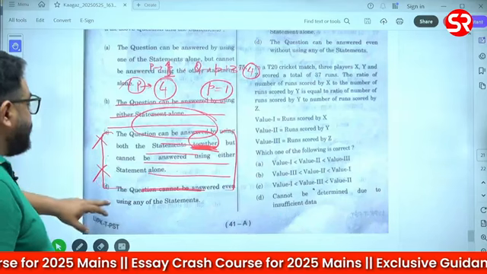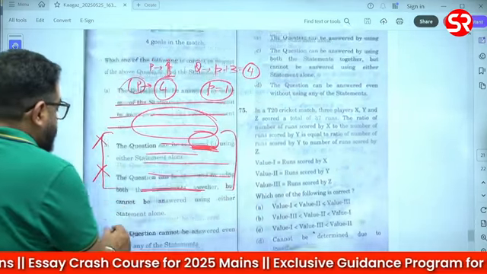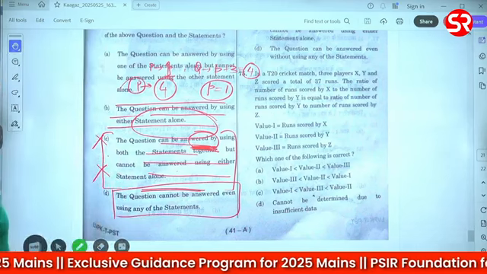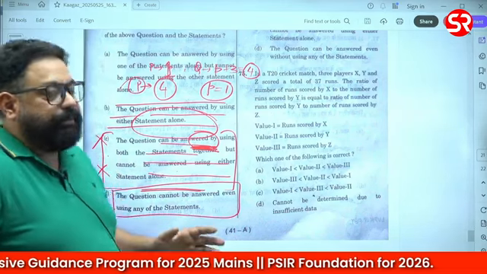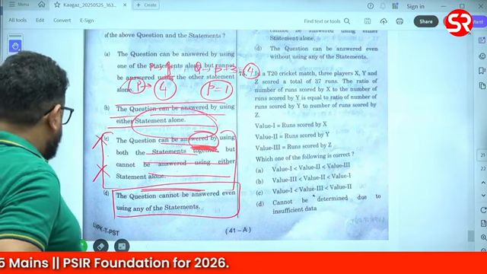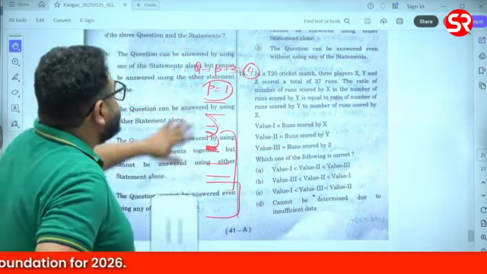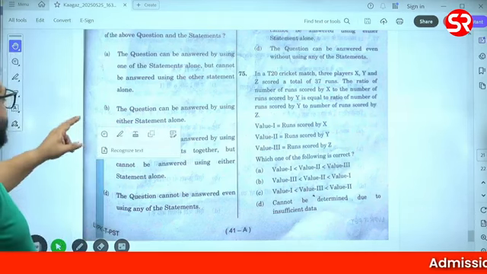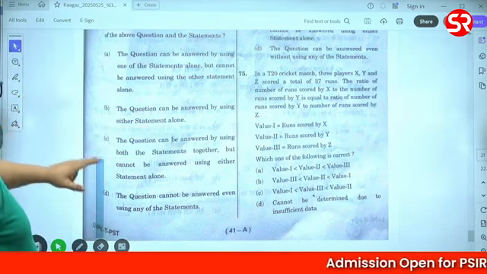Looking at the options: the question cannot be answered even using any of the statements, so even using both, there was no answer. The answer is 4, right? I hope now you got it, guys. Our kind of paper, isn't it?